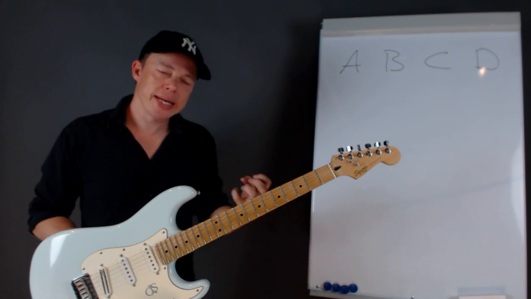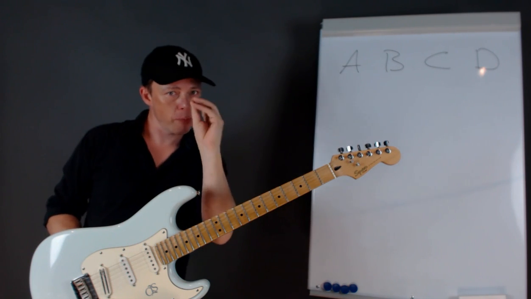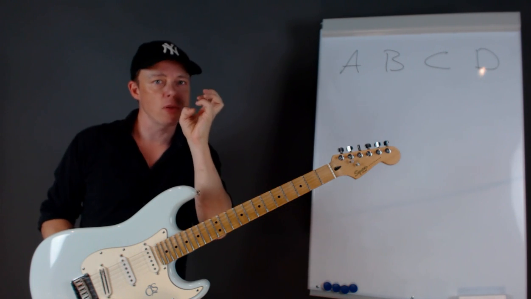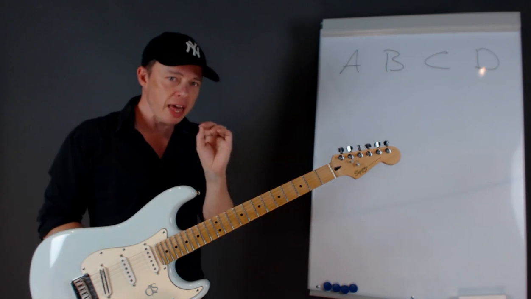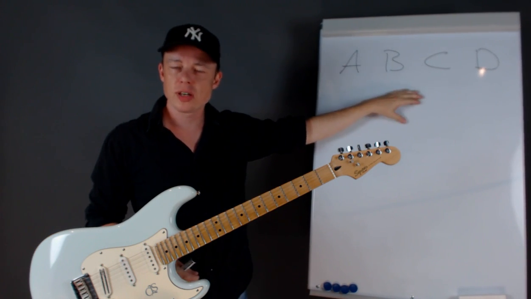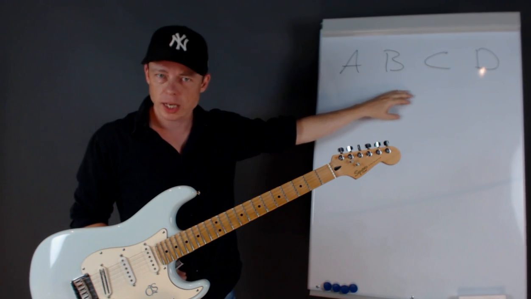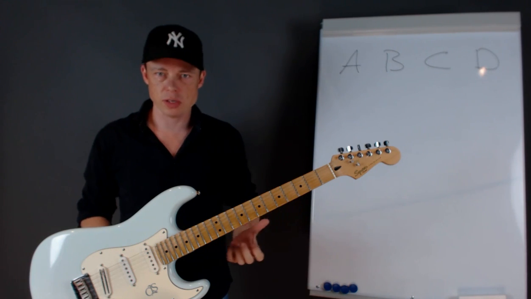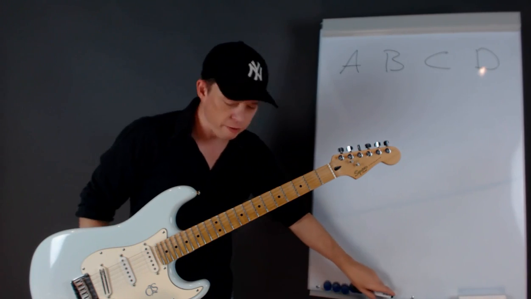And if going up and down the scale shapes and going back and forth between positions is your primary way, the thing you spend the most time on when you're practicing scale shapes, then you're storing the information as sequential information, and that is almost useless when it comes to freedom across the neck.